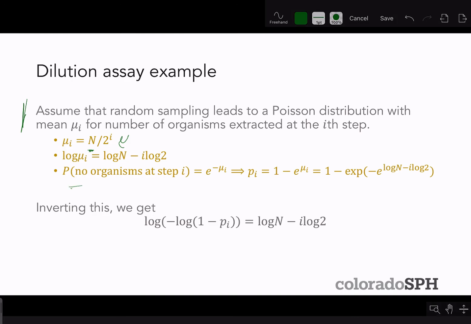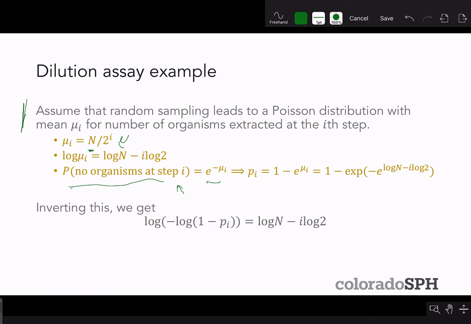Then the probability of no organisms at step i is equal to e to the negative mu i, and this just comes from the Poisson distribution where the random variable is equal to 0.